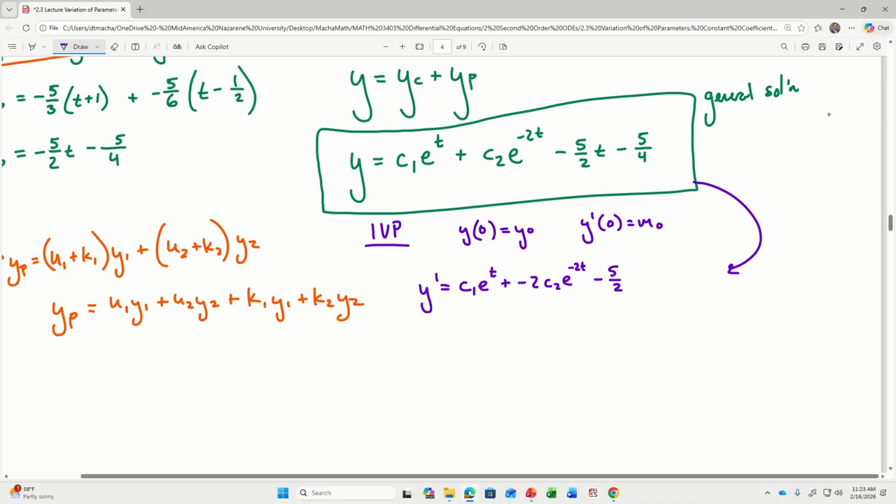And then we're going to set this equal to m0 whenever t is equal to 0. And then we go back to my general solution green equation and we set that equal to y0 whenever t is equal to 0.